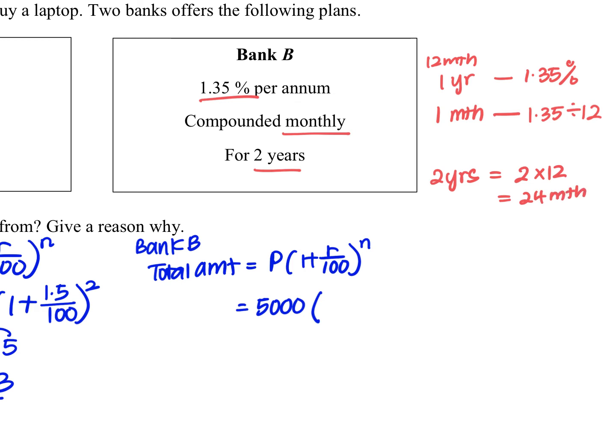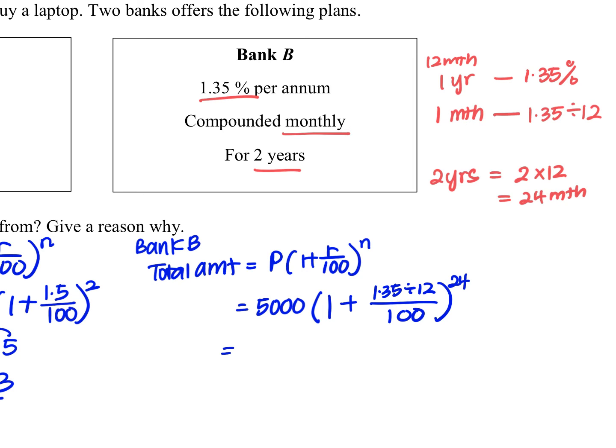So in this case, coming back to my formula, I'll start with I borrowed 5,000. 1 plus the interest rate will now be 1.35 divided by 12 over 100 to the power of 24 months, so it means 24 times. So this will be my working for the compounded interest for monthly.